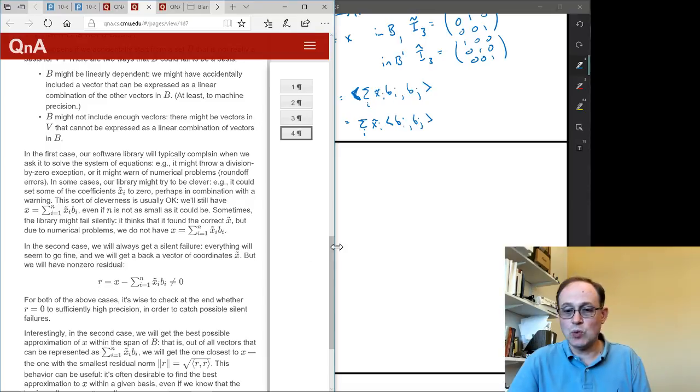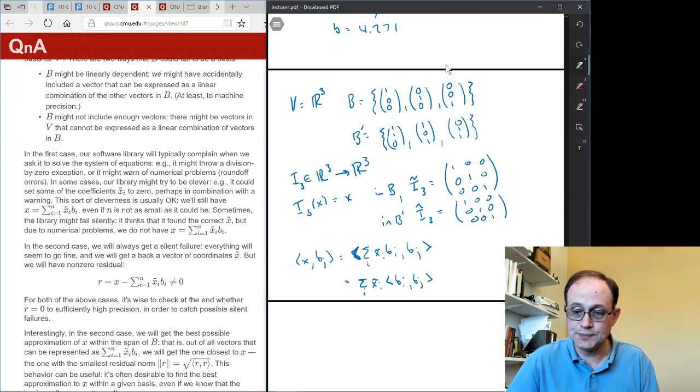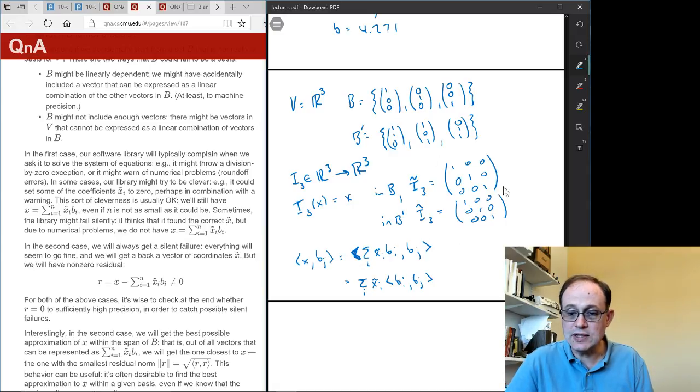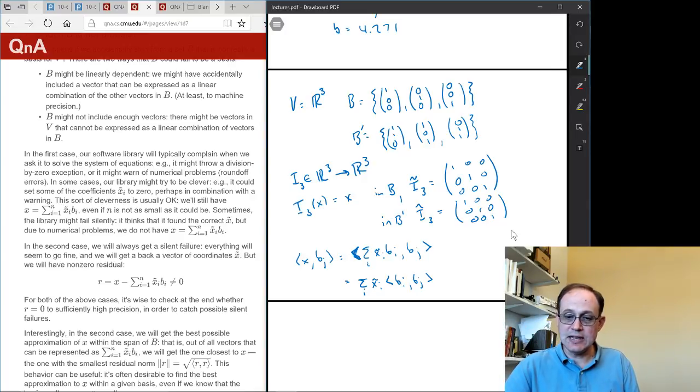Somebody else wanted to know in this example why these two coordinate representations are the same. That's not actually obvious. The reason I realized they're the same is that we know that I3 applied to x is x.